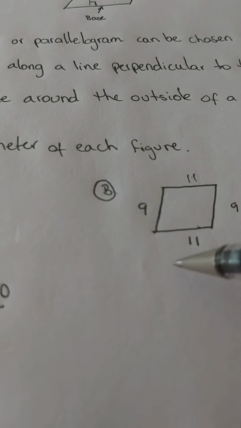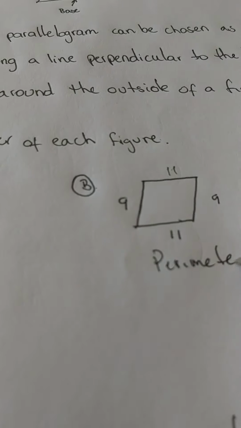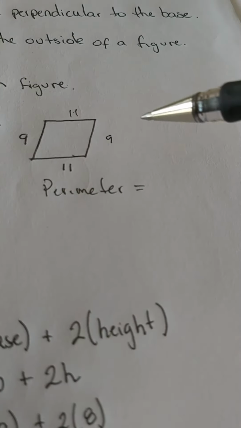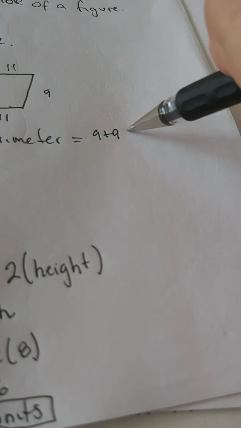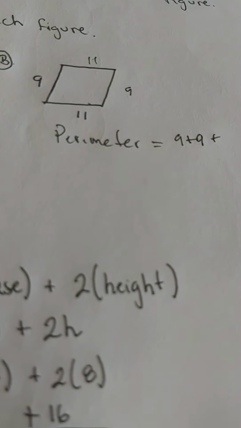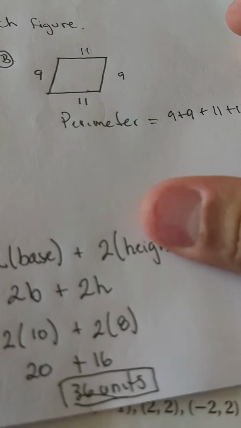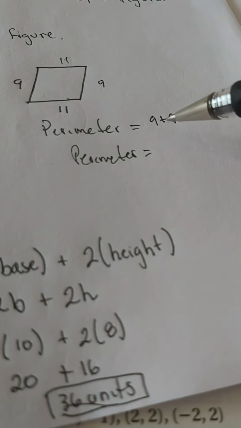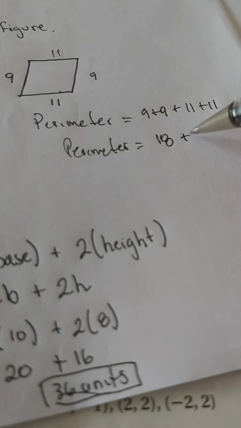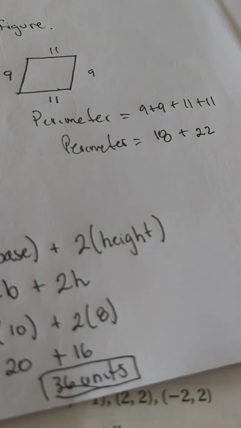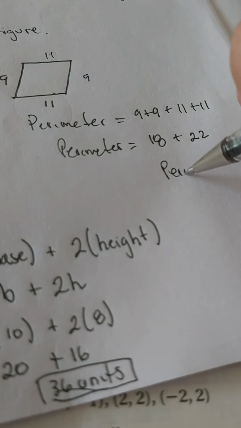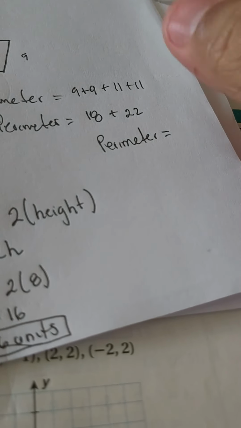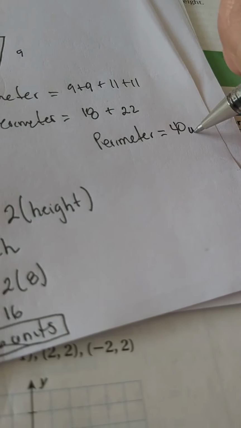So now we find the perimeter. Perimeter equals 9 plus 9 plus 11 plus 11. Now we add: 9 plus 9, 18, plus 11 plus 11, 22. So perimeter equals 18 plus 22, 40 units.